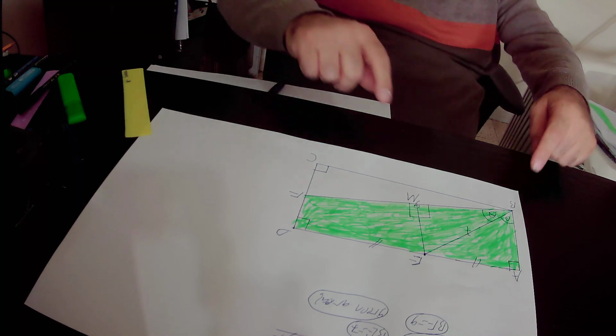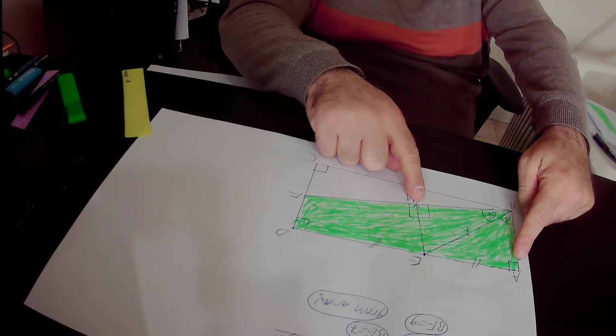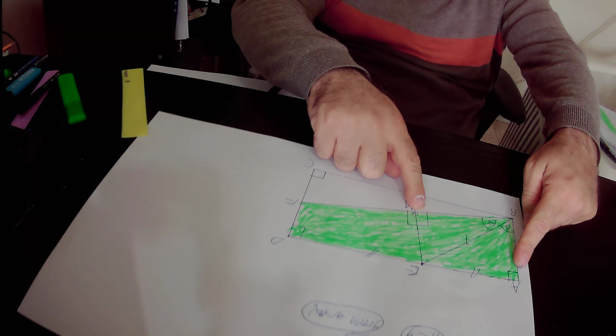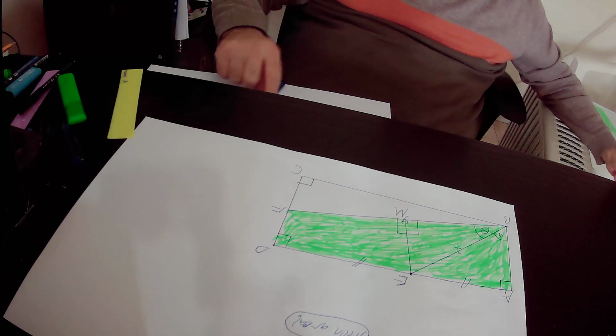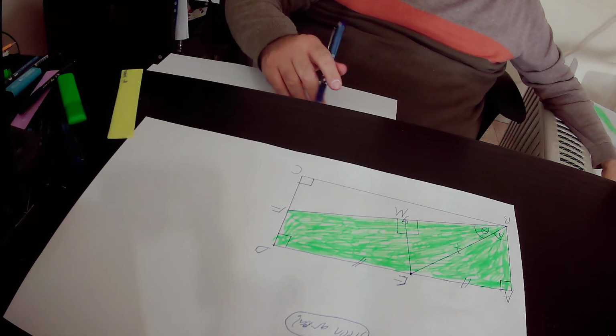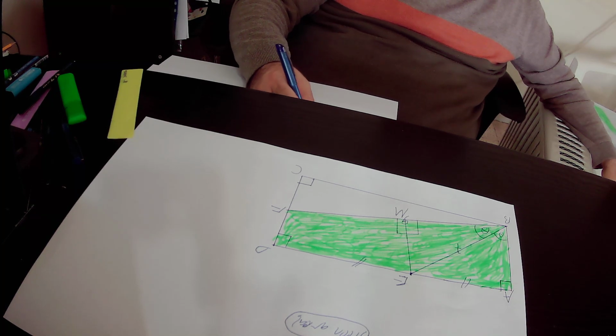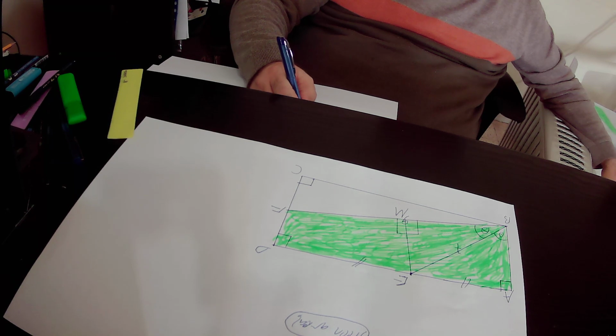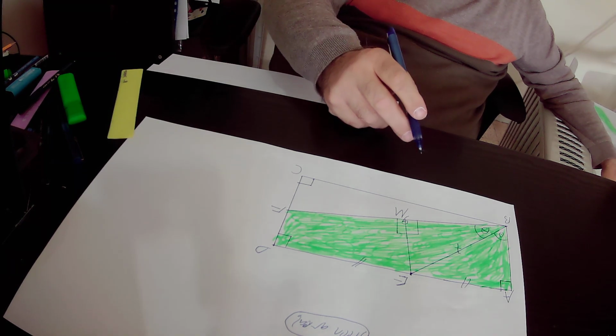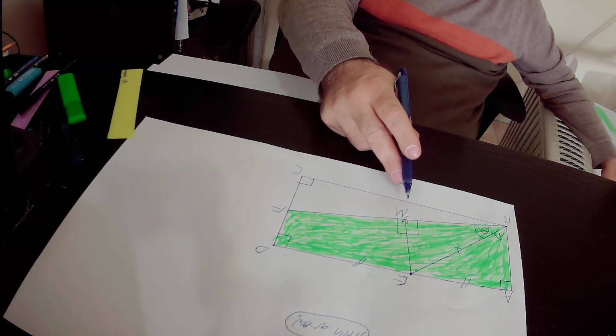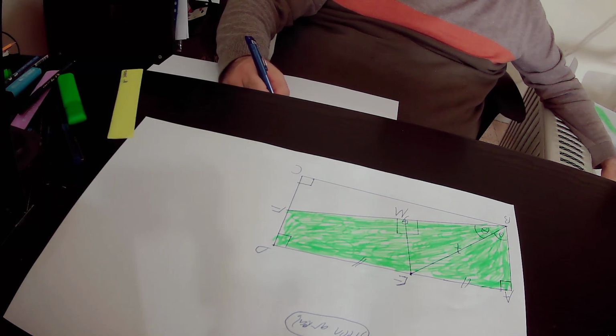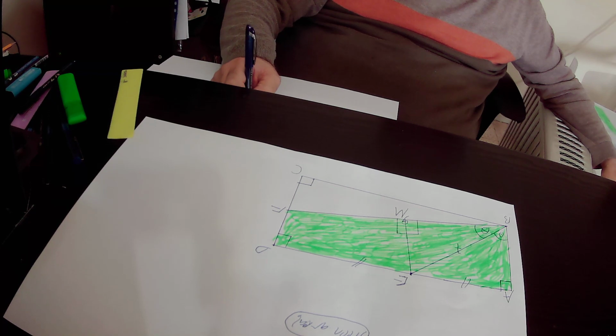We also know that those two angles are equal to each other, they are both right angles. So I write it down, angle BAE is equal to angle BME, and it equals 90 degrees.